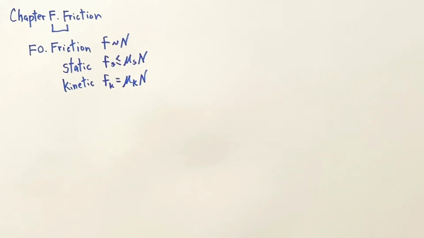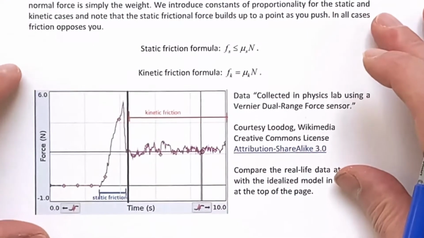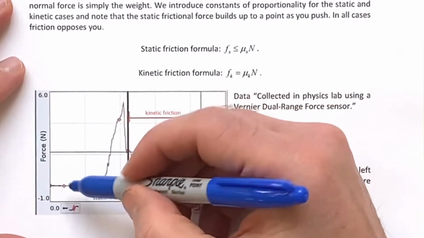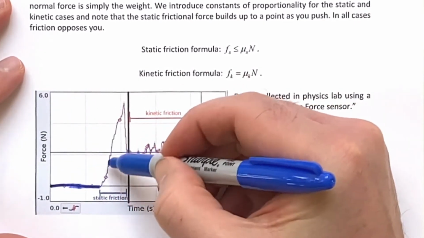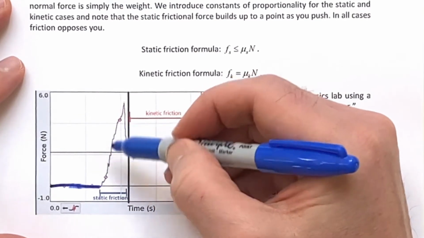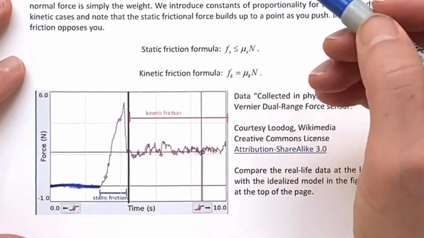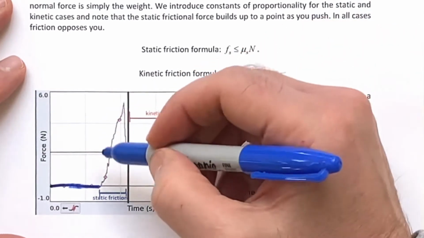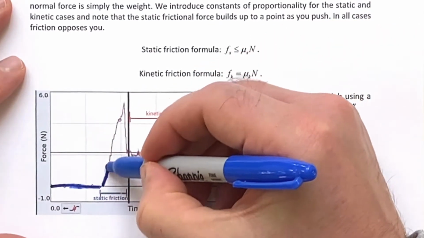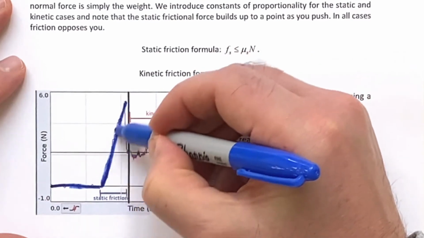Now, if you went into the laboratory and did some measurements, here you have no force, then you apply a force, and this is the friction. This is basically doing a measure of the static friction, and it's approximately linear.